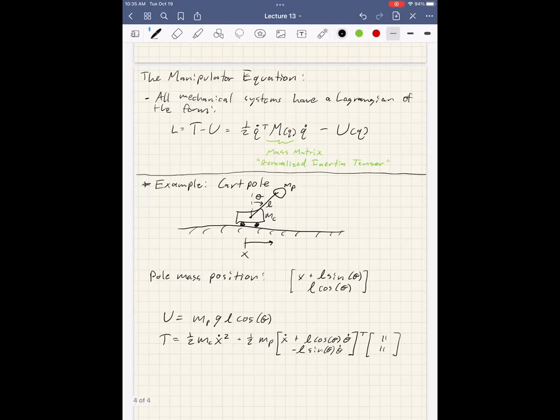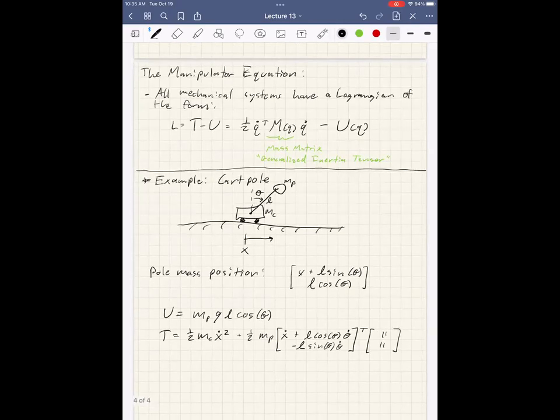Cool. So if I expand that out, I'm going to get 1/2 mass of the cart plus mass of the pendulum times x dot squared, plus 1/2 mass of the pendulum L squared theta dot squared, plus mass of the pendulum x dot L cos theta theta dot.